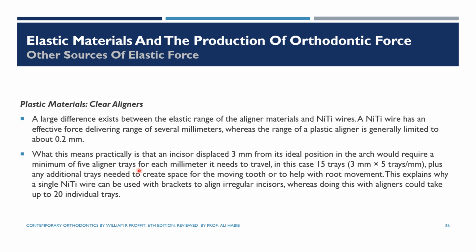We can move a 3 millimeter displaced tooth from its ideal position by a single nitinol wire, and we expect it to move, and also that it can create the necessary space that we need for that. However, to do that with aligners, you need maybe 5 or 6, and then you need another number of aligners also to create space. So maybe you need 20 individual trays to do such movement, which can be done only with a nitinol wire.